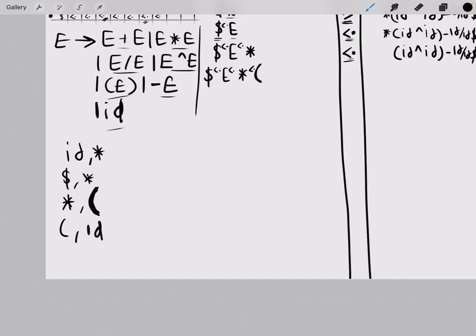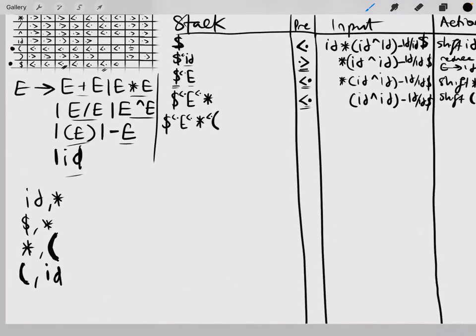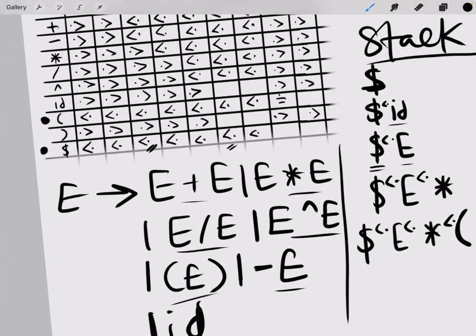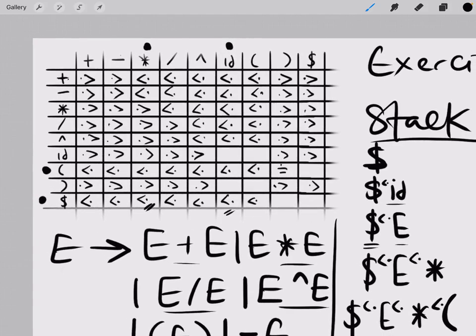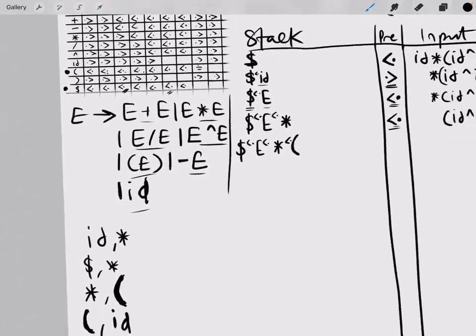And remember, we just said that no matter the arrangement, it is always yielding precedence. But let's check it out to validate what we just said. So it's always yielding precedence to ID, every time, until it reaches the close parenthesis. So it's yielding precedence again.